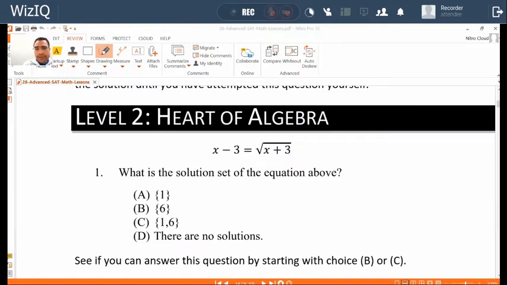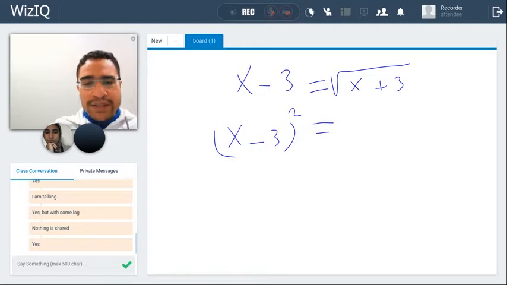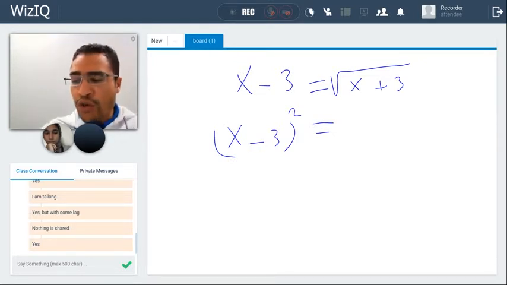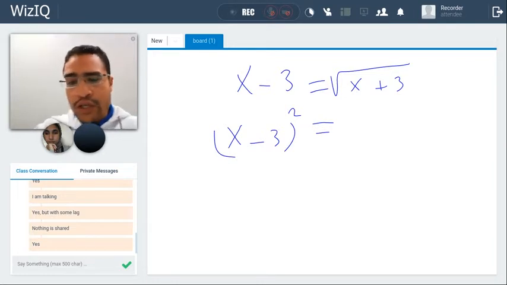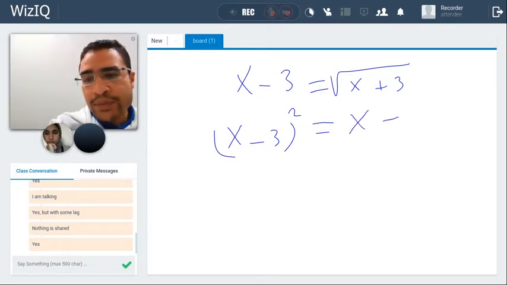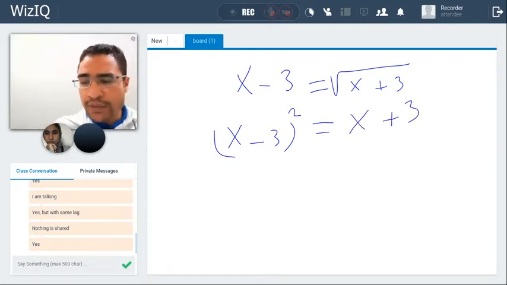It's going to be x minus 3 equals the square root of x plus 3. And then in order to get rid of the square root, I am going to square both sides. So that would be x minus 3 squared equals, of course, you're going to get rid of the square root, so that would be x plus 3, right?